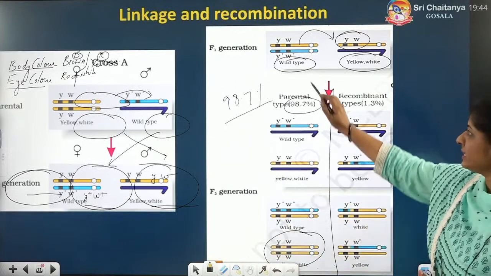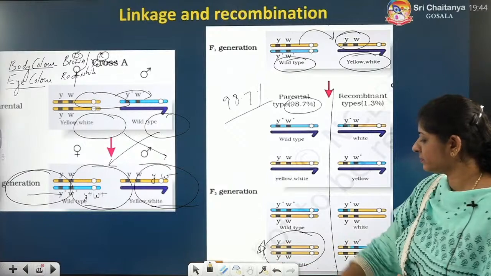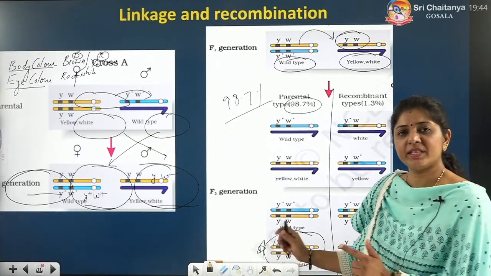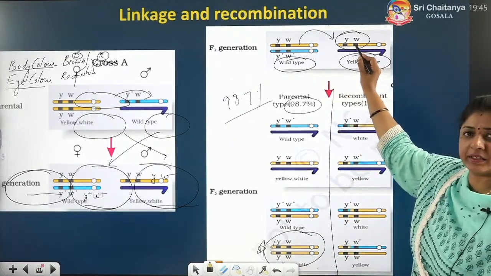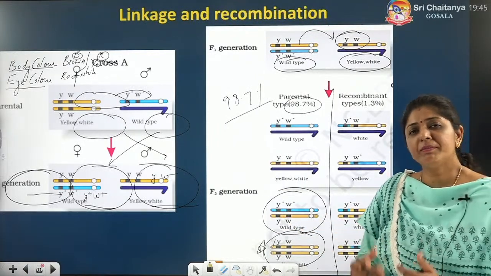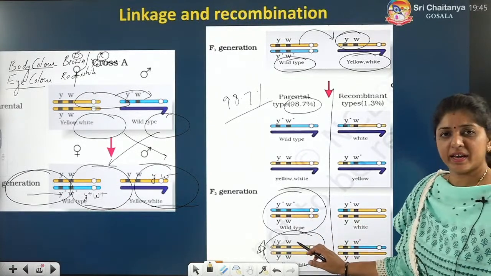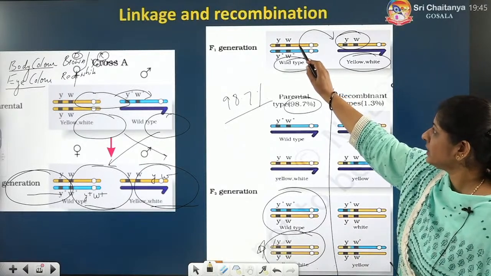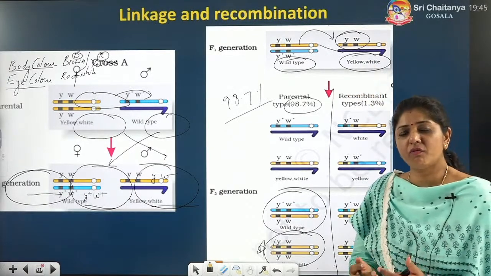So this X with this X will give you this female. What is that female? Both are recessive. Can I call it a yellow white female? And if this X with this X, can I say now I will get this female? What type of female now it will be? Y plus W plus. Can I call it wild type? Now if I am taking right now this with this Y, if this is combining with this Y, male or female? Obviously male.